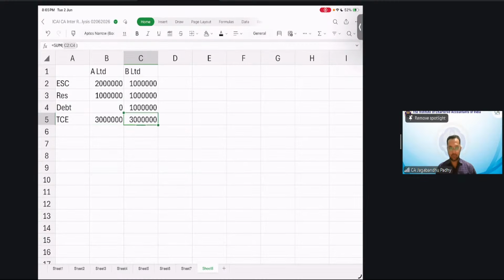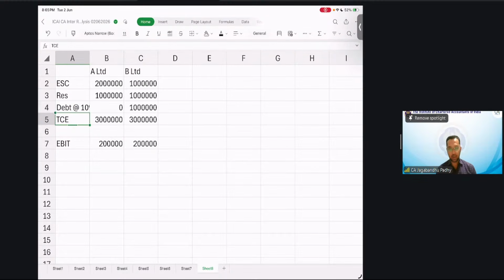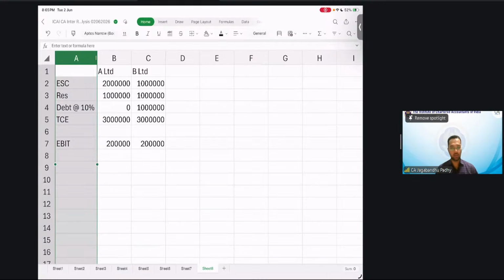Now, for both the companies, I'm just coming up with a situation. Let's say the EBIT is 2 lakh and your debt is at the rate of 10%. The cost of debt or the rate of interest is 10%.